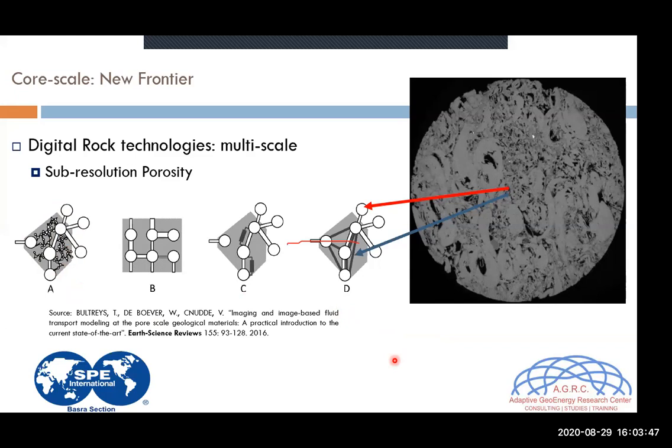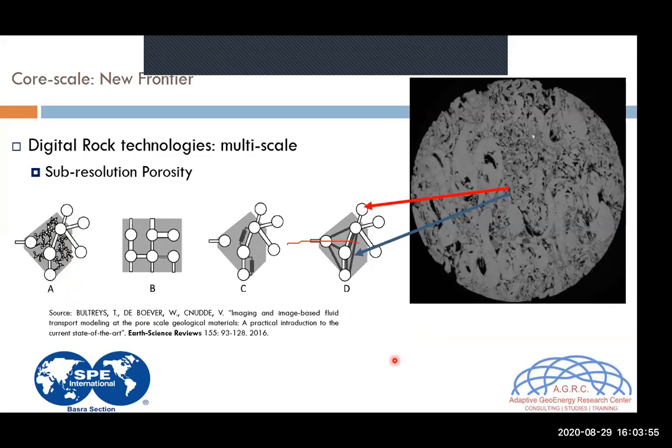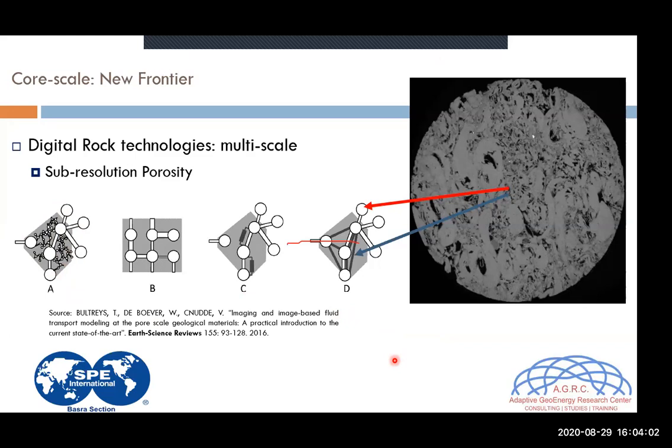It's a possible approach to do this kind of upscaling, downscaling, upscaling in a small volume. But it's really important to understand what's going on from a pore scale perspective, because then you can try to upscale this behavior to a larger volume.